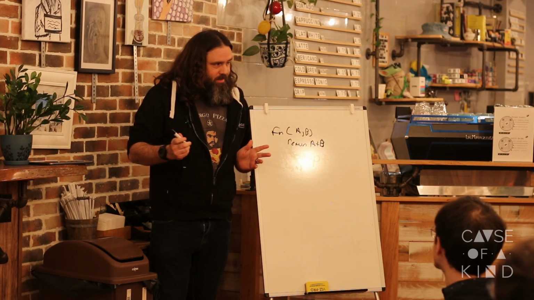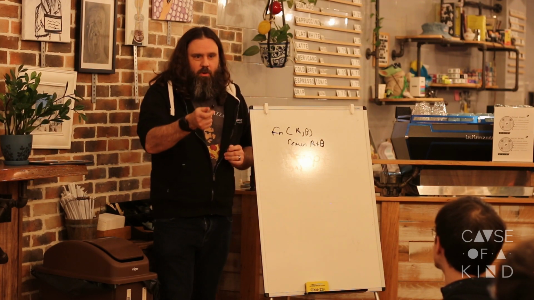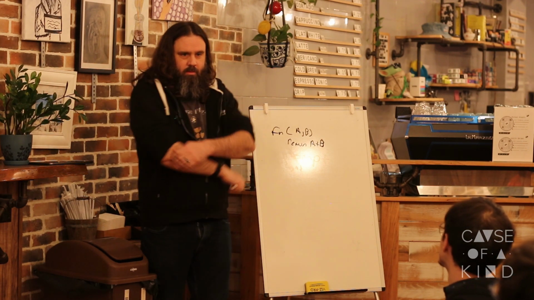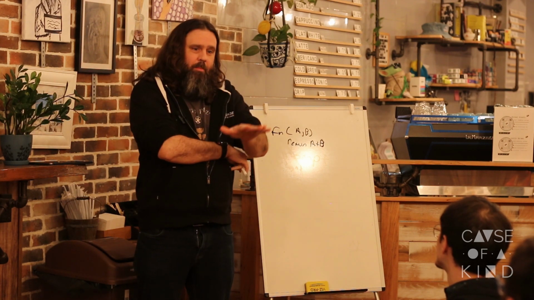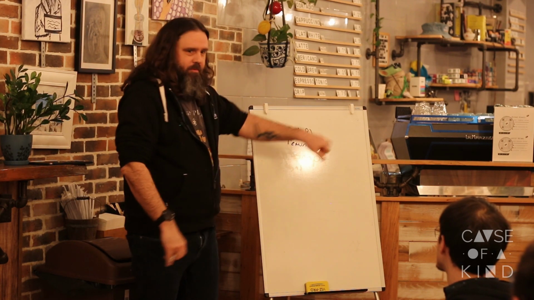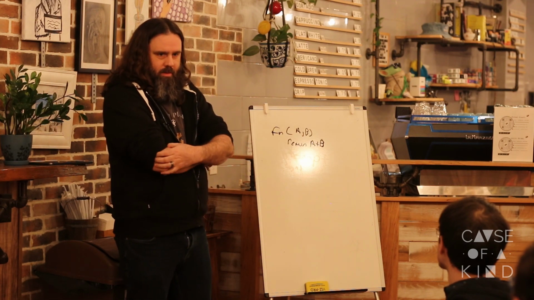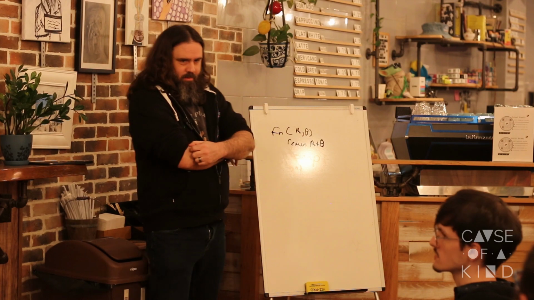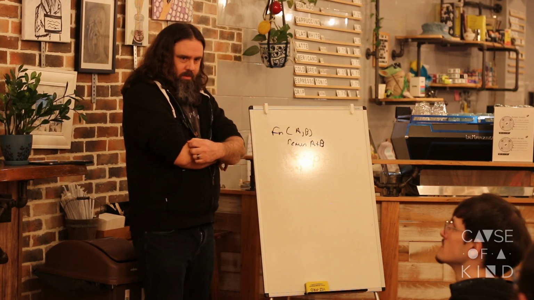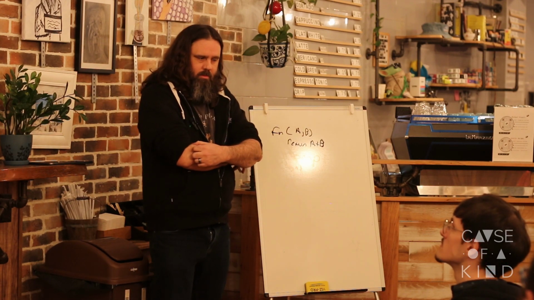Any ideas? O of 1. Why is it O of 1? So it takes the same amount of computational power no matter what I put in for A and B. If you put A is equal to 3, B is equal to 3, it'll take the same amount of time.